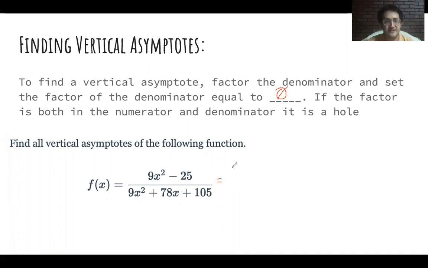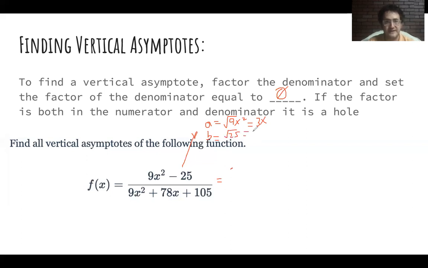So when I do this, I have a difference of two squares on the top. So I'm just going to factor that. My first term would be 3x. My second term, I'm going to do the square root of 25, which gets me to 5.